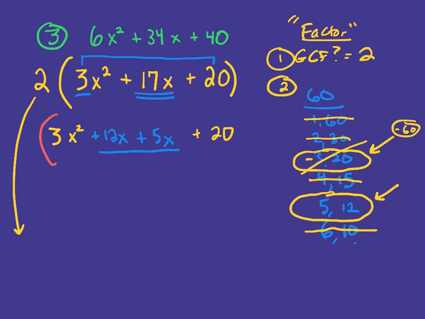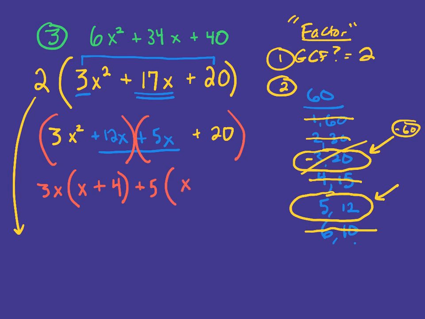And then we're going to pair off the first two, pair off the third and the fourth term, and then factor. So we can take a 3 and an x out of that first pair. 12 divided by 3 leaves a 4. In the second pair, we can take out a positive 5.